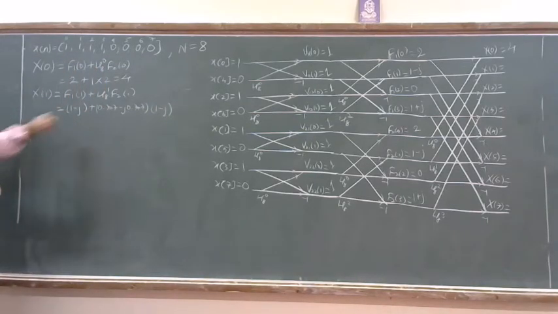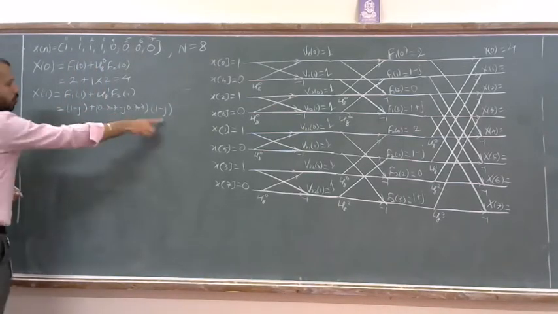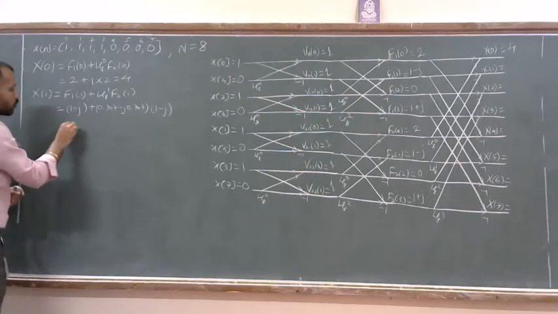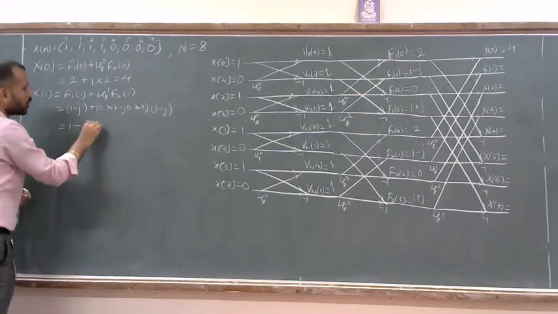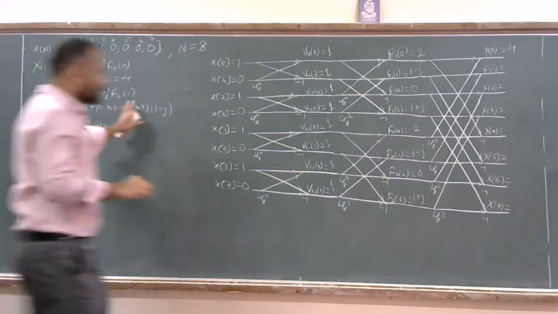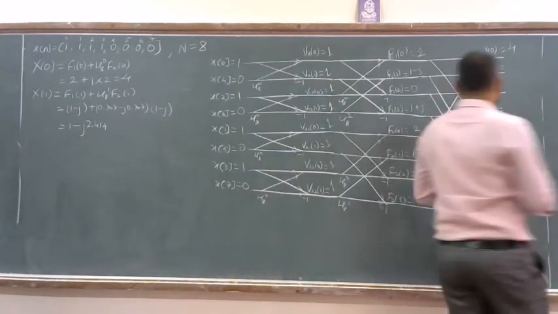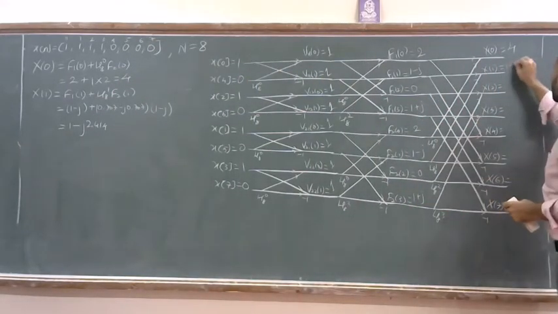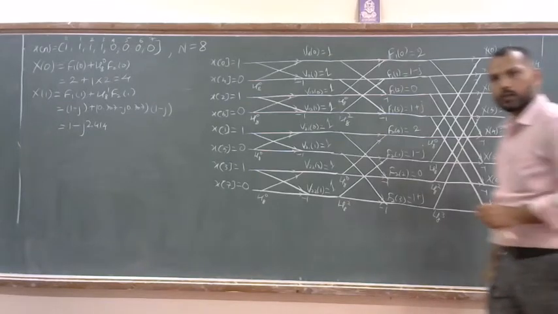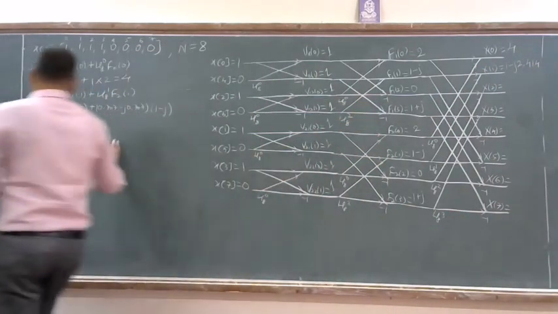Okay, to simplify this, multiply these two complex numbers, then add it with this complex number 1 minus j, we will get 1 minus j 2.414. You calculate it. Okay, you just substitute these values and simplify it, we will get 1 minus j 2.414.